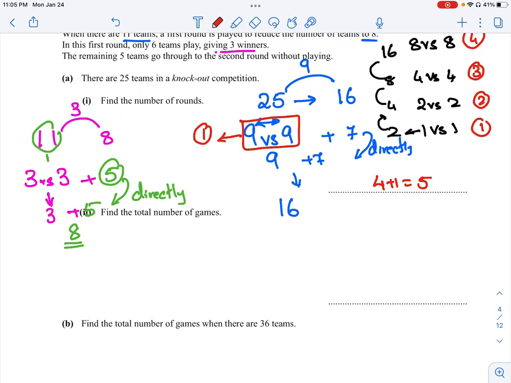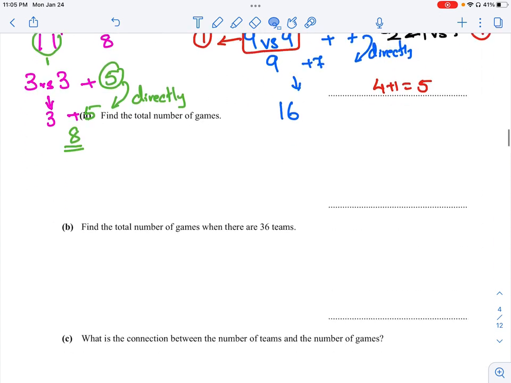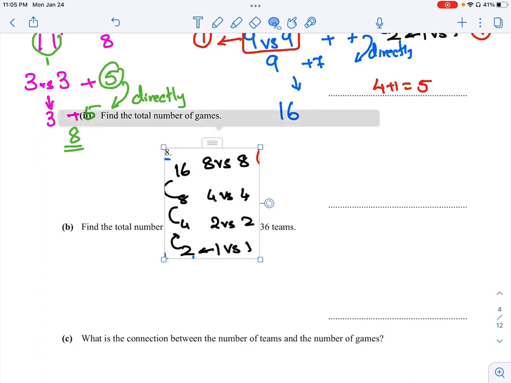But then also I will try to make you understand again by doing the chart. Find the total number of games. The reason is it will be useful for this total number of games. So I copy this one and paste over here.